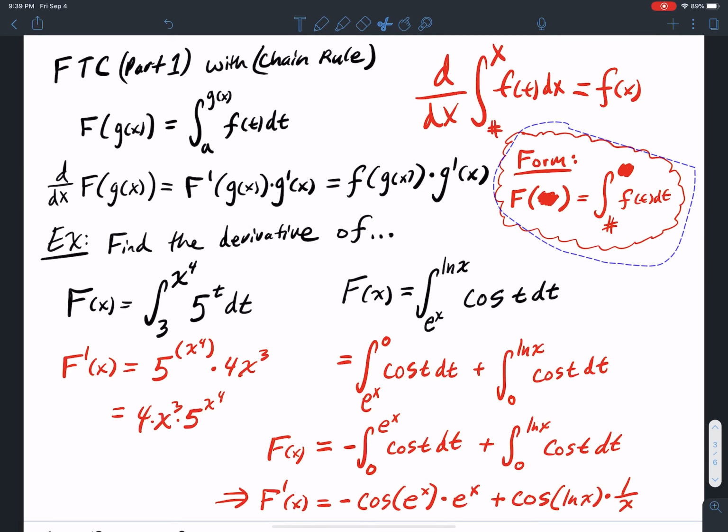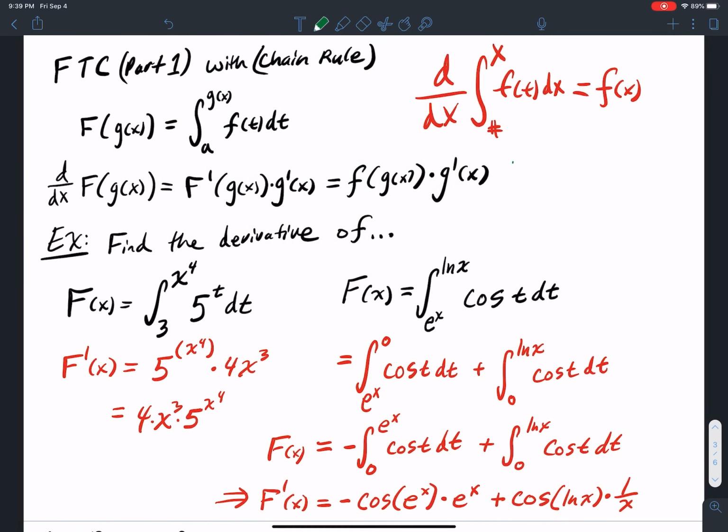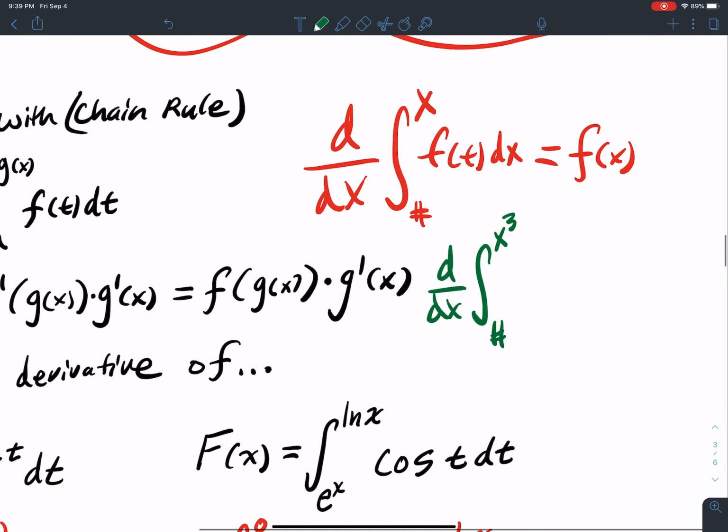Where it changes is when you're dealing with a situation where it's the derivative of the integral and you've got your number and maybe, heck, I don't know, x cubed, right? So now all of a sudden, and then it's your f of t dt, right? So the problem is this x doesn't match that x cubed. So you gotta take the chain rule into account here.